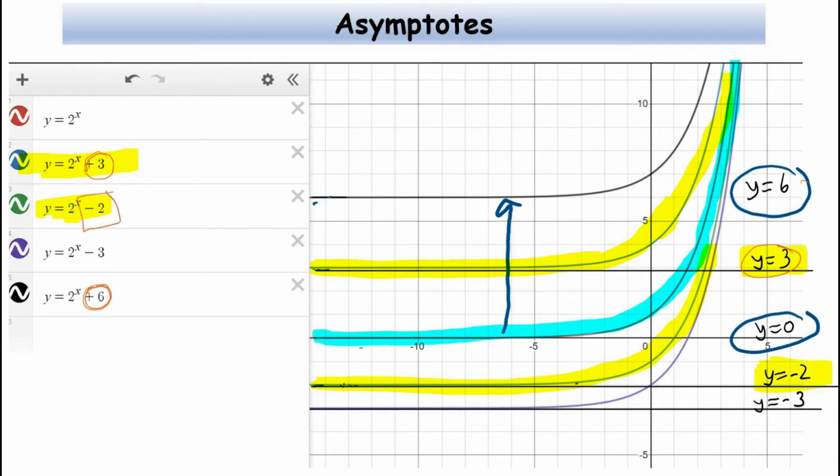And then I did minus 3, which is the last one over here. Minus 3 is also shifting down by 3. So the bottom line is that you can recognize the asymptote from the equation just by looking at the last number, the constant that is added to or subtracted from the parent function. That is the asymptote.